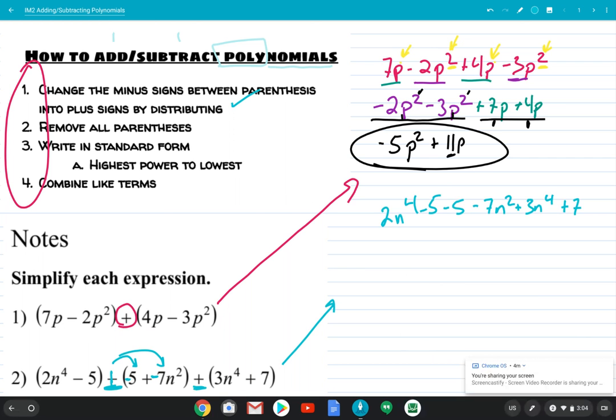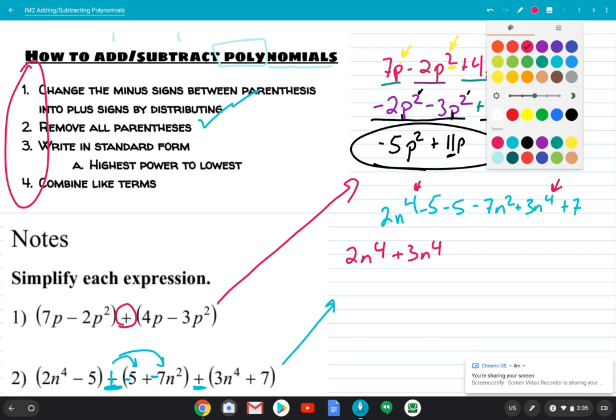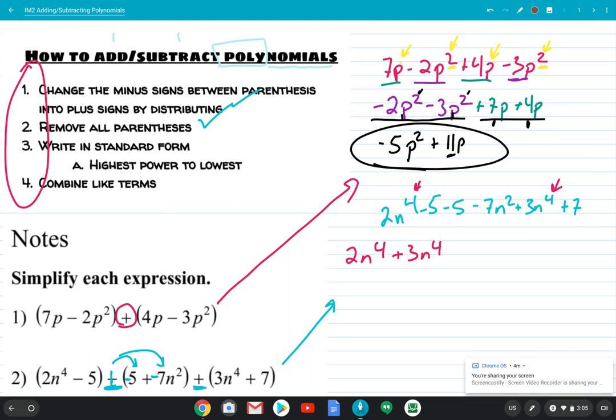Okay, I removed the parentheses. Now what I want to do is write it in standard form, highest power first. I have a 4th power and a 4th power. They're coming first. 2n to the 4th plus 3n to the 4th. What's my next power? Well, below 4 would be a power of 3. I don't see any 3 power. How about a power of 2?